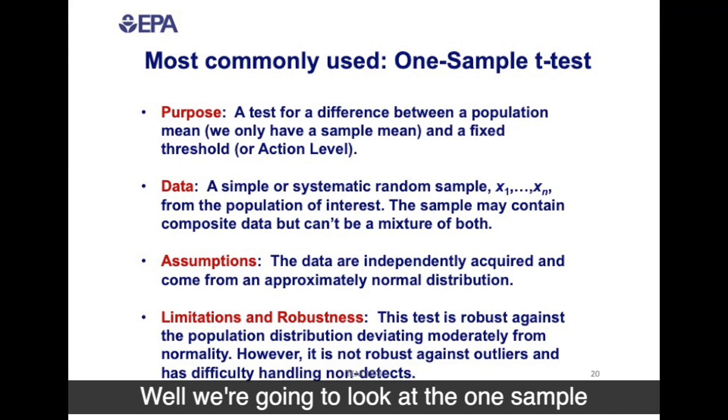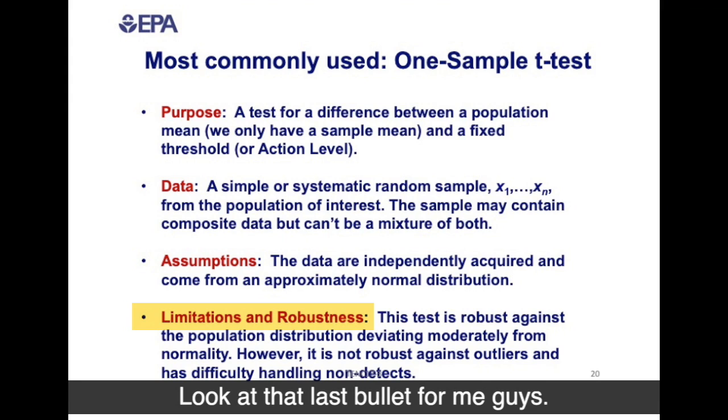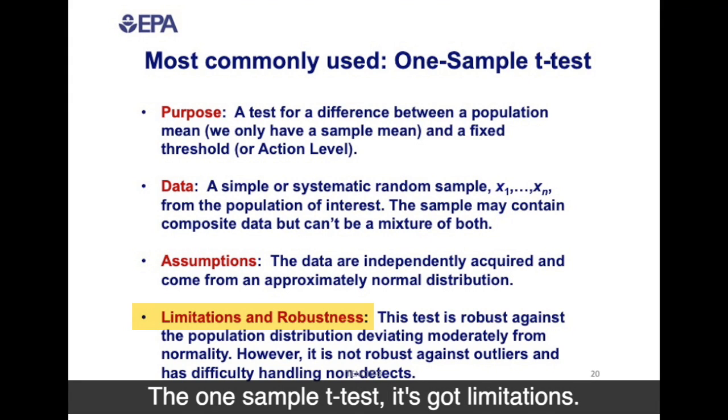Well, we're going to look at the one sample t-test, and what we're going to do is concentrate on this thing here. Look at that last bullet for me, guys. The one sample t-test, it's got limitations. If there's outliers, it's not very good.